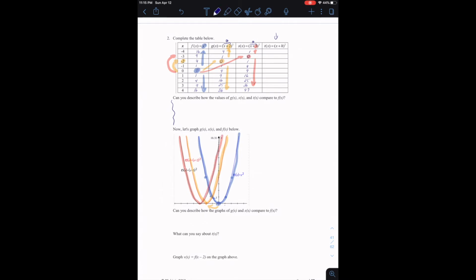So these points, this point and this point and this point, are when we are squaring 0. But that happens at different locations on the x-axis. It happens at 0 here, it happens at -2 here, and it happens at -3 here.